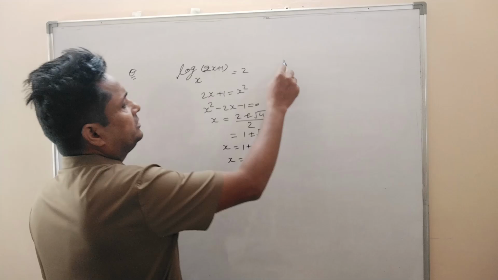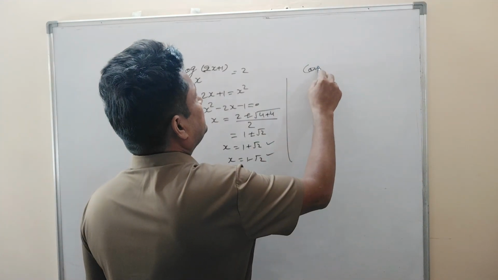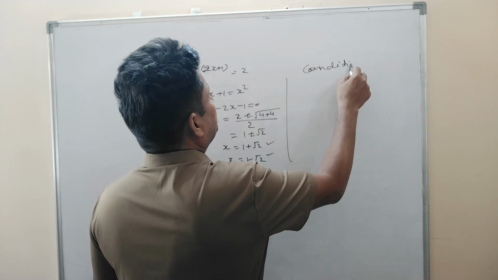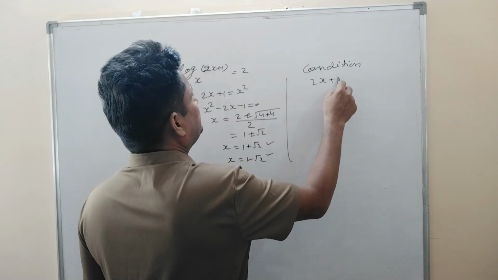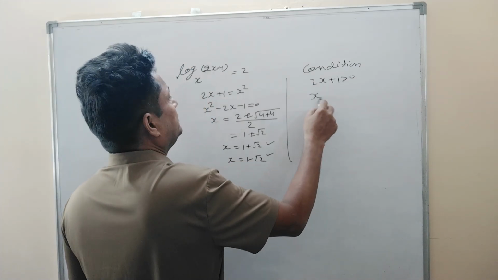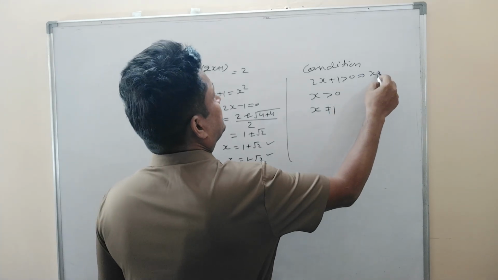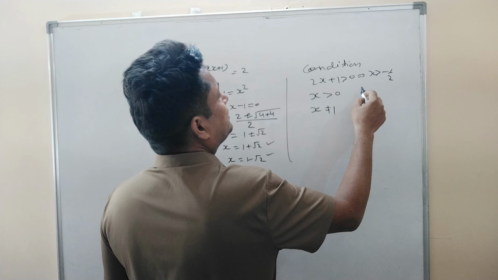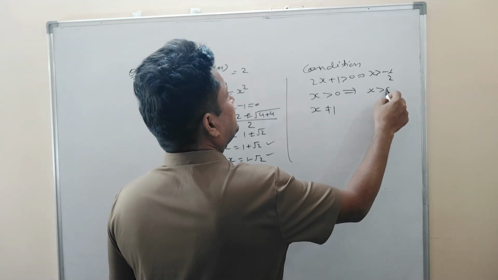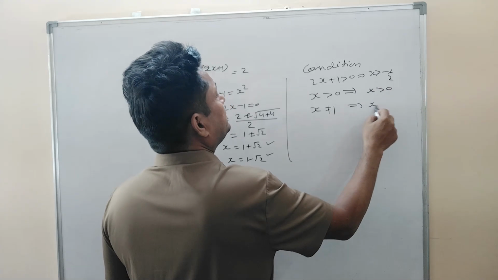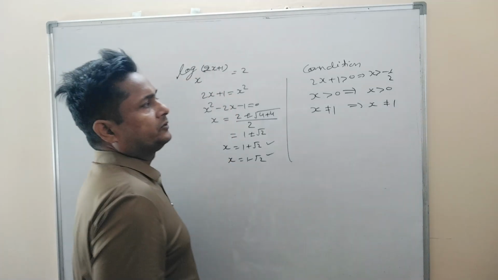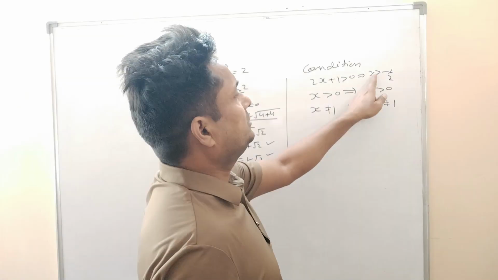Now apply the conditions. What will be the conditions? 2x plus 1 must be greater than 0, x must be greater than 0, x does not equal 1. From here, the answer will be x greater than minus half. From here, x greater than 0, and from this one, x does not equal to 1. So take the intersection of all of these.